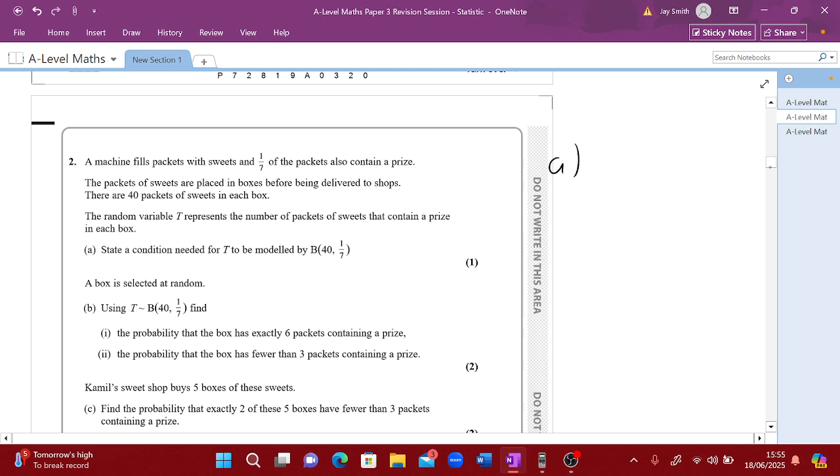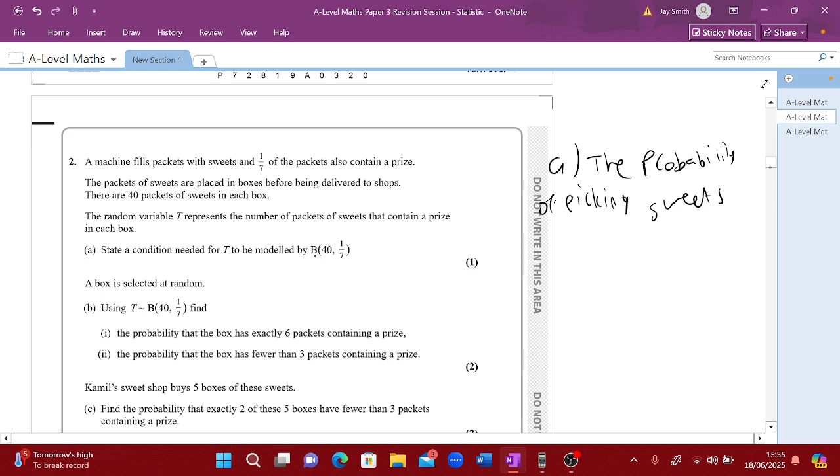So this 40 here, the N, the number of trials, those are the packets of sweets in a box. So we're going to say the events are independent.